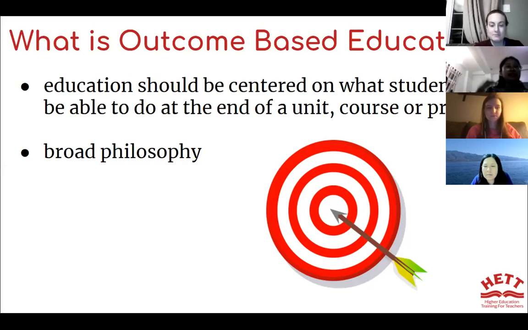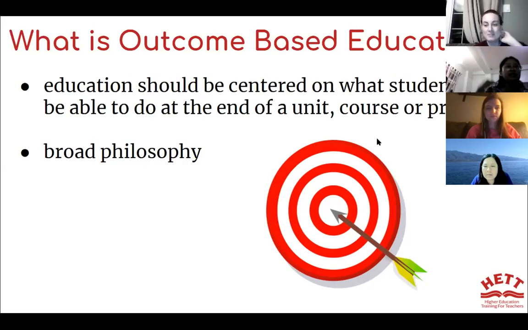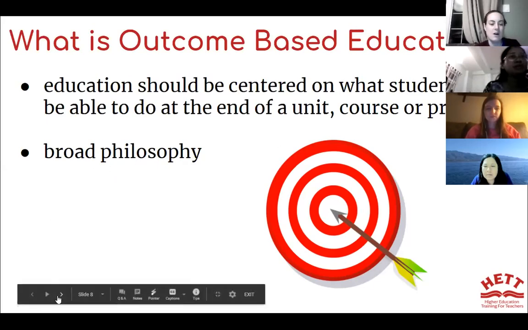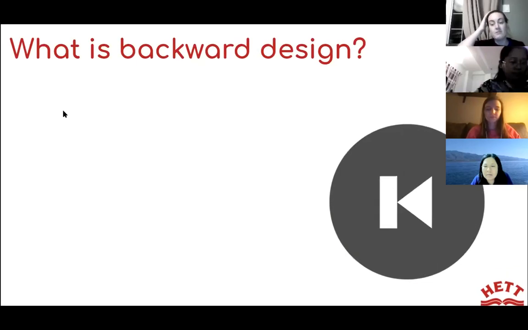Definitely. Education should be centered on what the students will be able to do at the end of a unit, course, or program. So you're looking at what they can do at the end. This is a very broad philosophy. We looked at one type of model last class, but it is a very broad concept with different models. Today we're going to look at backwards design, which is a way of thinking about this.